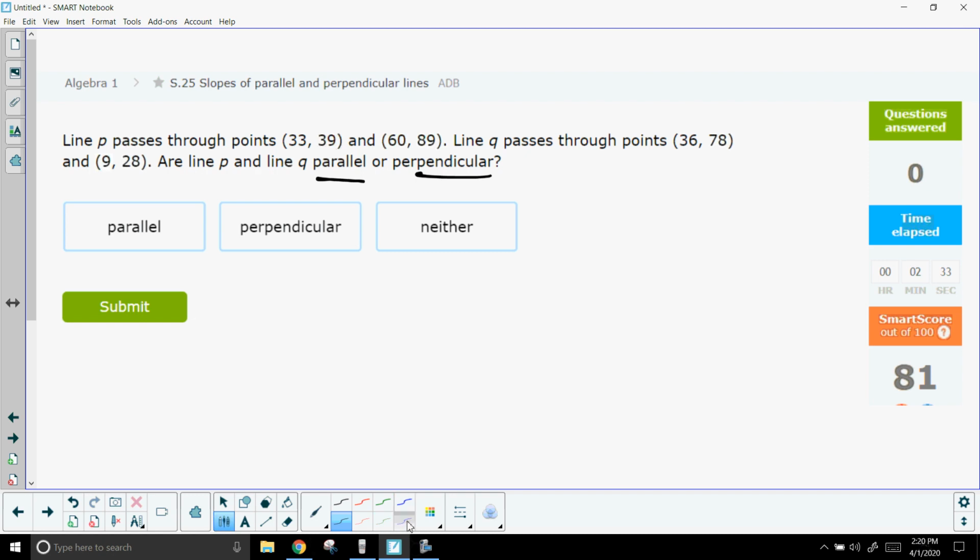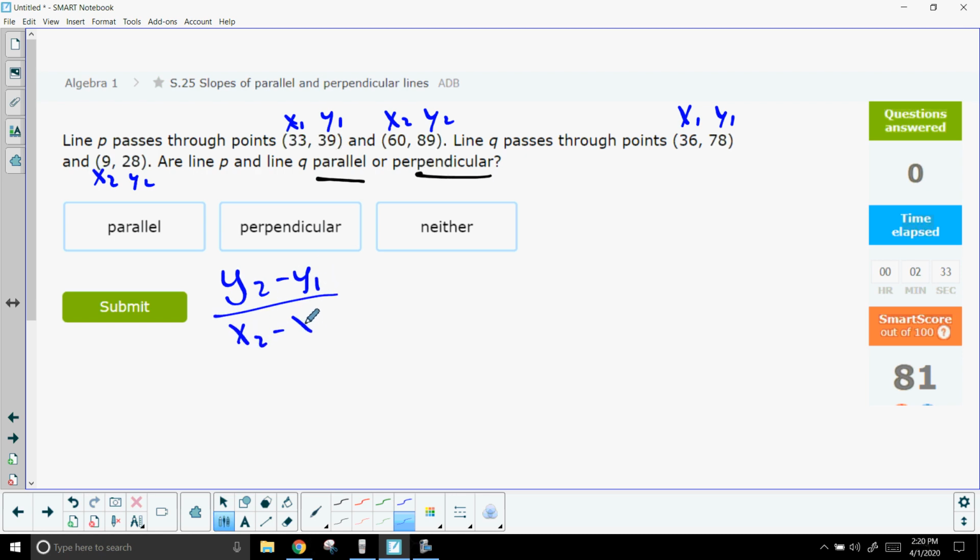Label x1, y1, x2, y2, x1, y1, x2, y2. I don't know why I do that, guys. I just want to start with the x's. So y2 minus y1 over x2 minus x1.